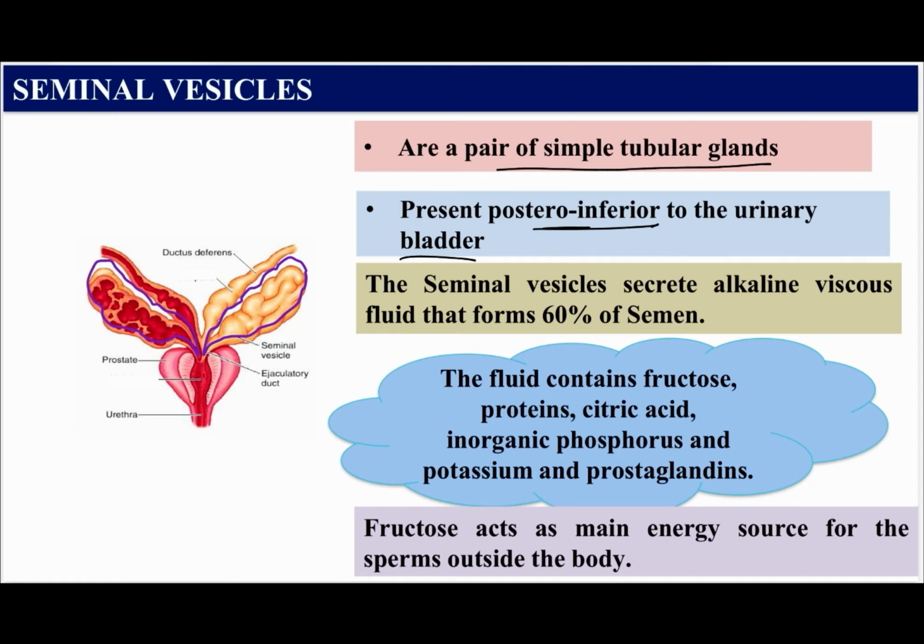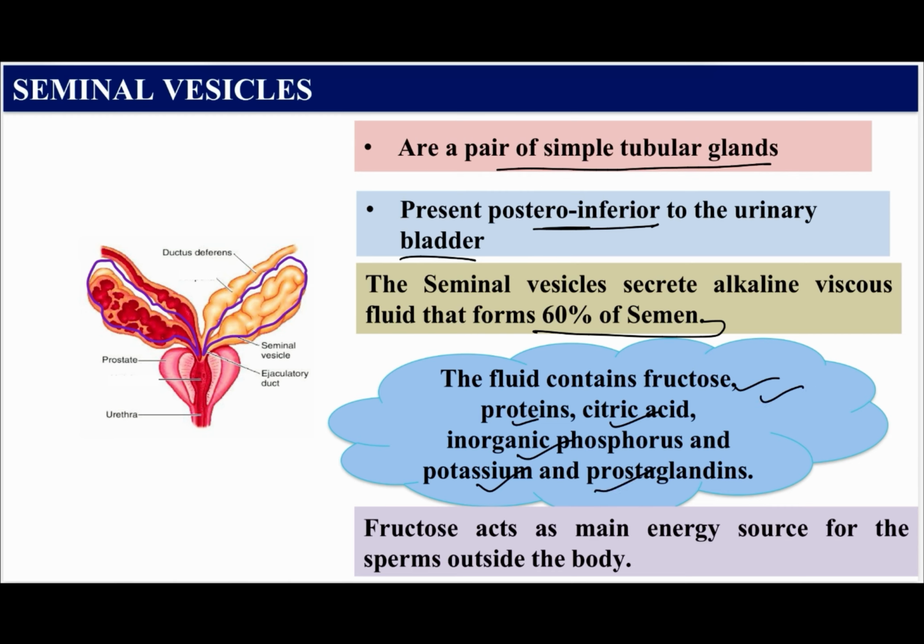The seminal vesicle secretes an alkaline viscous fluid which forms 60% of the semen. That fluid contains fructose, protein, citric acid, inorganic phosphorus, potassium and prostaglandin.